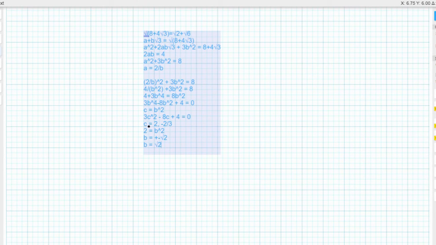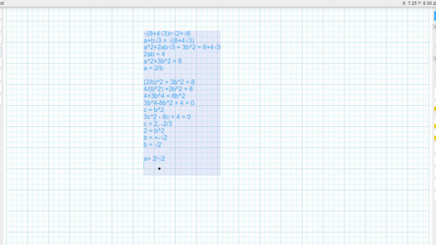Perfect. Now we have b, so now we can solve for a. So a is equal to 2 divided by square root of 2, which is the equation that we substituted originally. Now all you have to do is solve for a, which is easy, because you need to rationalize the denominator.